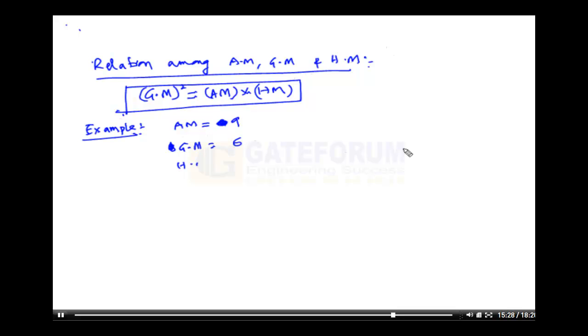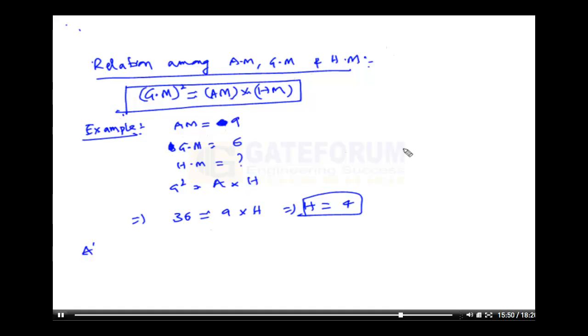Then find HM is equal to how much? Now we'll apply, let GM be G and AM be A and HM be H. G square equal to A into H we have. That implies G square is 6 square, that is 36, is equal to A is 9 into H. That implies H is equal to 4.